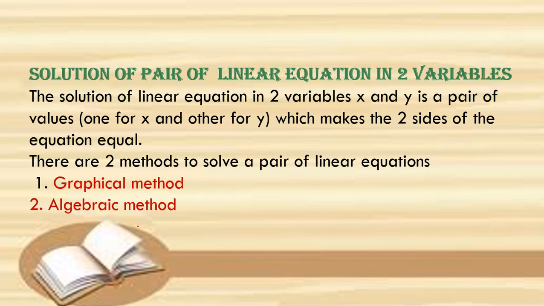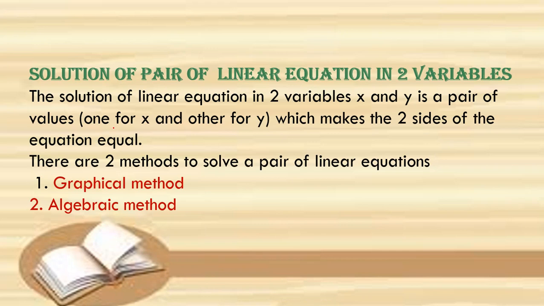As we were talking about in the previous slides, the solution or intersecting point or infinitely many points and no common points. So what is the meaning of all these? That is the solution. As we understand, what is the meaning of solution? That value of the variable which satisfies the equation is called the solution of the equation.